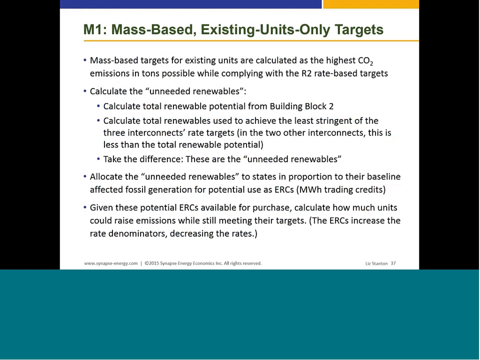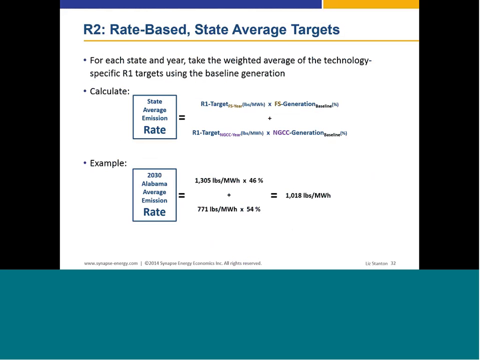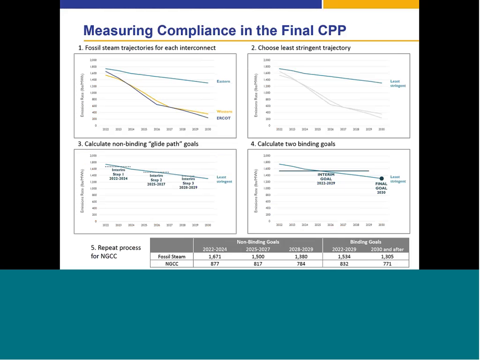So let's imagine that EPA had arranged the rule differently and had enforced different targets by interconnect instead of one set of targets for the United States as a whole. In that case, looking at number 1 here, this top line would represent the targets that units in the eastern interconnect were trying to meet, and the other 2 lines for the other 2 interconnects.